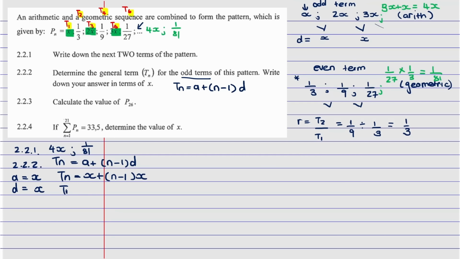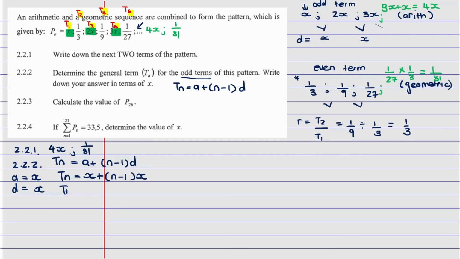We see that our 26 is an even number, meaning it's going to fall into the geometric pattern, right? But remember that to find P26, since it's in the geometric, P26 is from the whole set, and we know that the set is divided into two parts, meaning it's split into two.